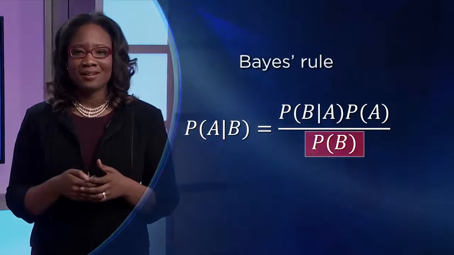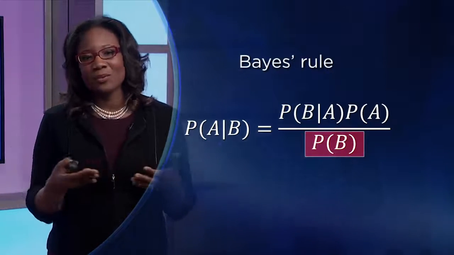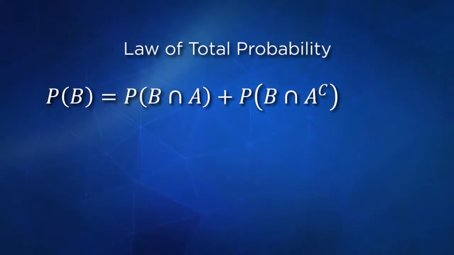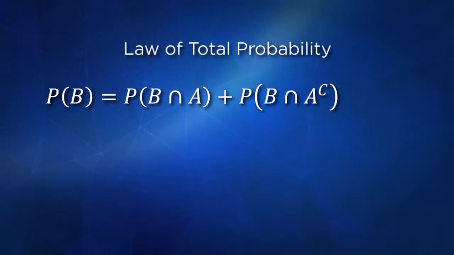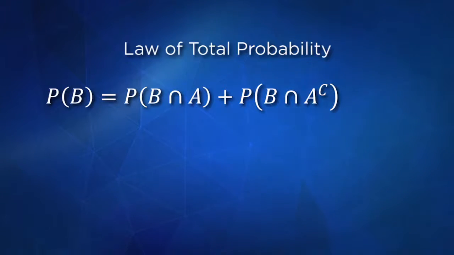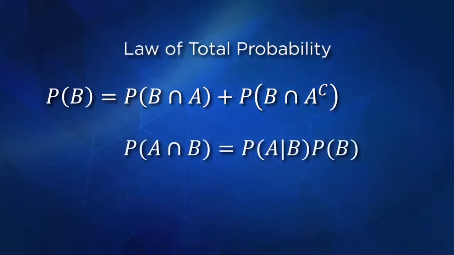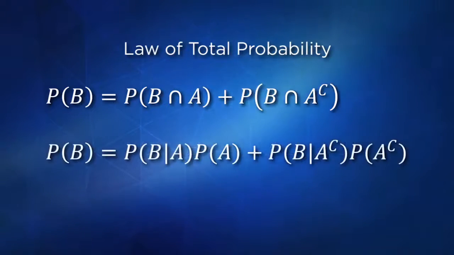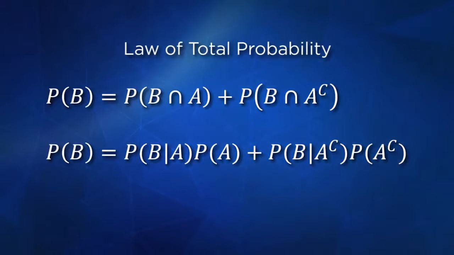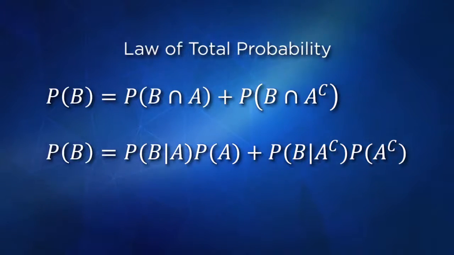Let's take that denominator, and in fact, we can expand it using what we call the law of total probability. We can write out the probability of B as the probability of B intersected with A plus the probability of B intersected with A complement. We showed where that intersection could be written as a conditional probability, so we can further dissect that into the probability of B given A times P of A plus the probability of B given A complement times the probability of A complement.